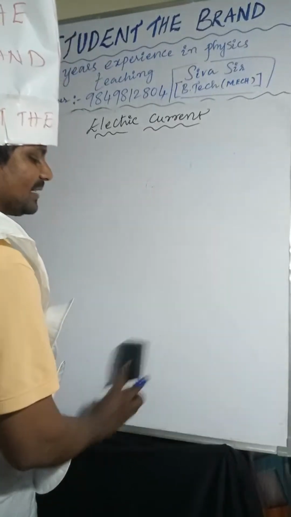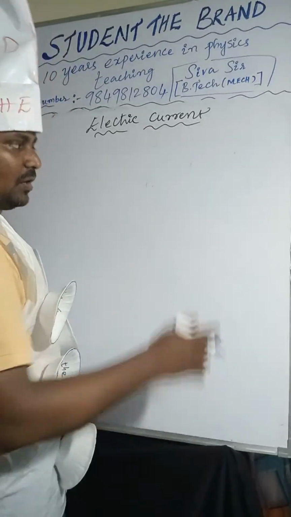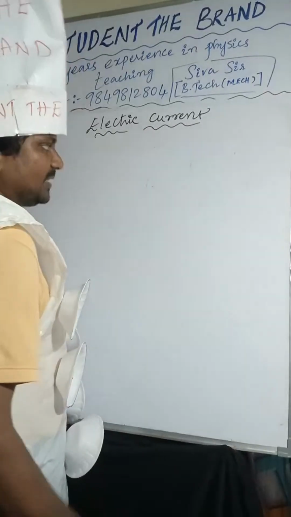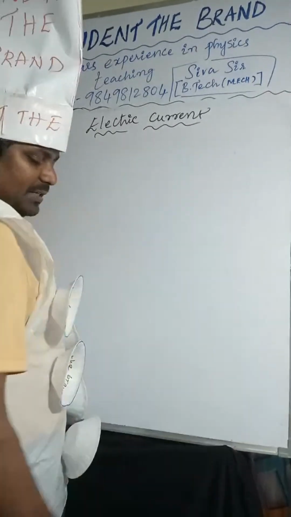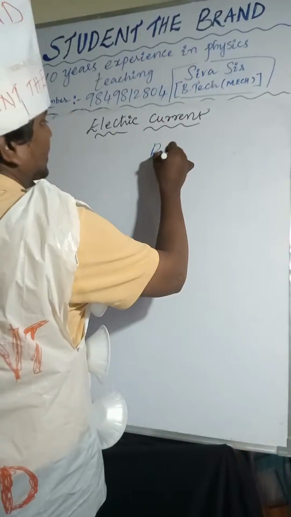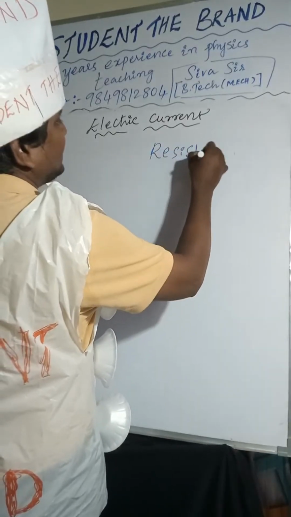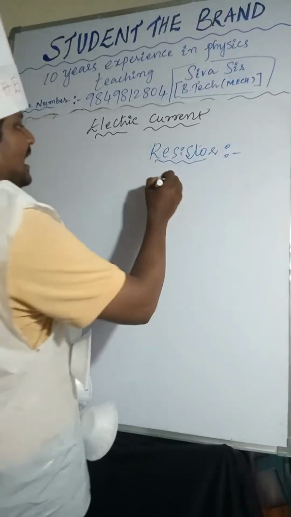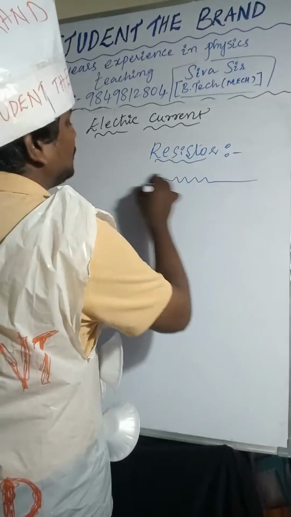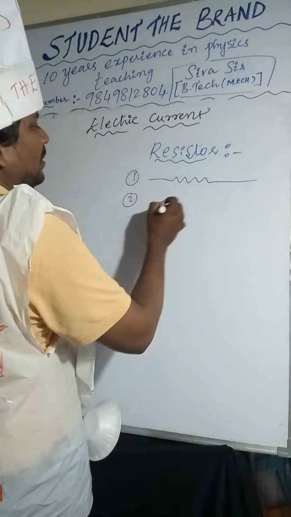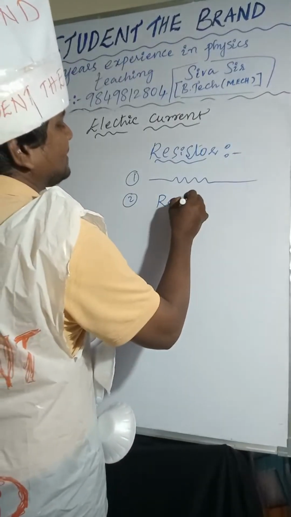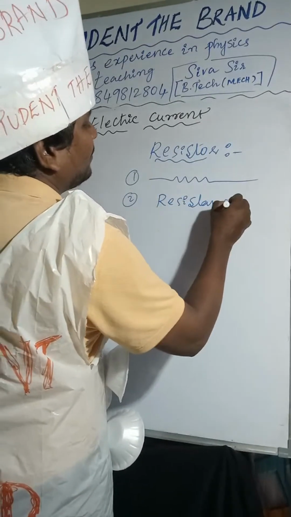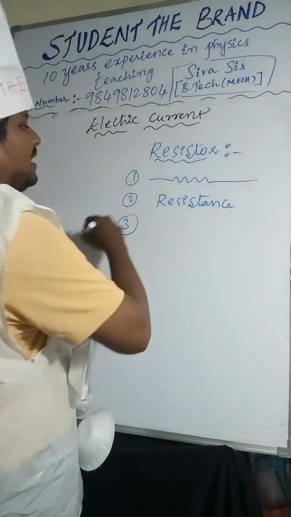Here I will discuss resistance, and now I will talk about the resistor. A resistor is a device which is used to oppose the electric current in the circuit. Resistance is the phenomenon of opposing the electric current.